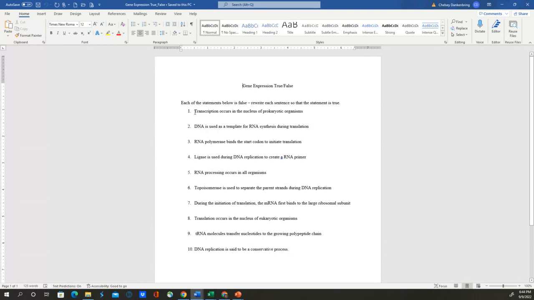So if we wanted to leave transcription occurs in the nucleus, then we would need to change this to eukaryotic. Transcription occurs in the nucleus of eukaryotic organisms. That is absolutely one way we could fix it. If we wanted to keep talking about prokaryotes, we could then say transcription occurs in the cytoplasm of prokaryotic organisms.